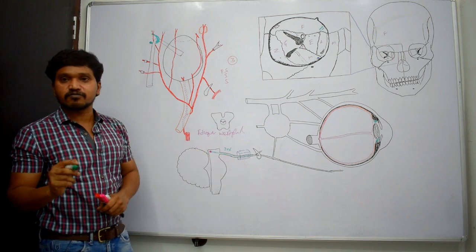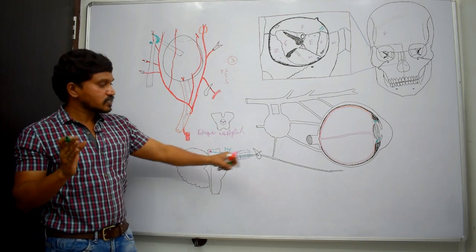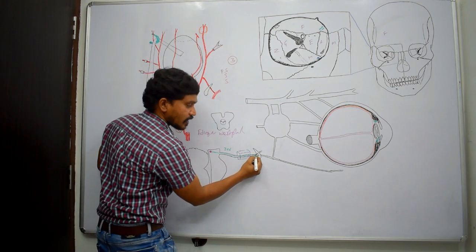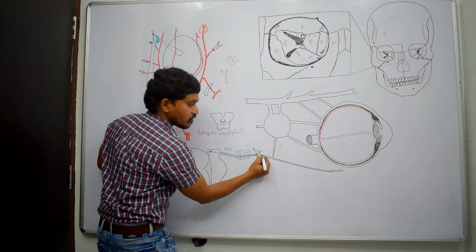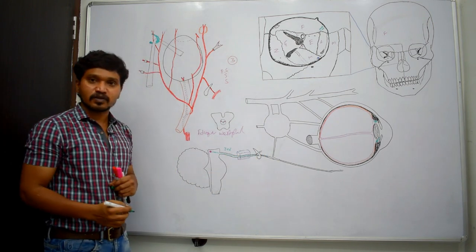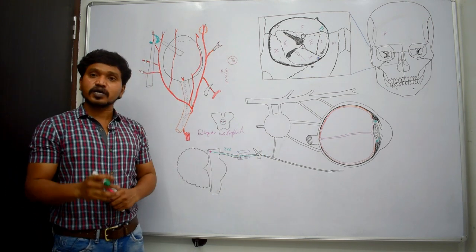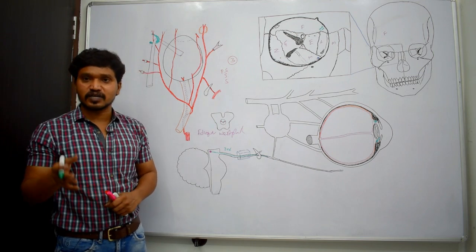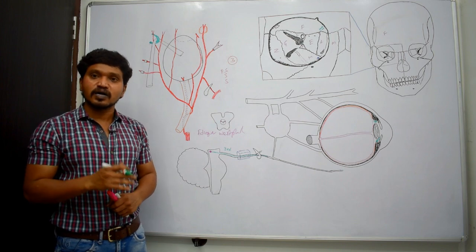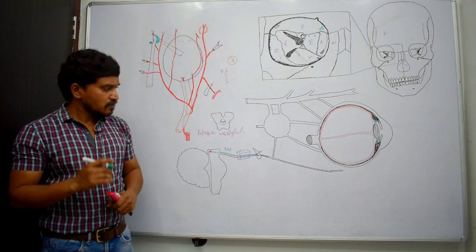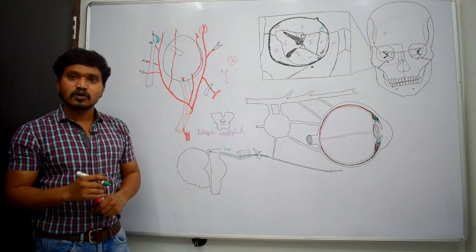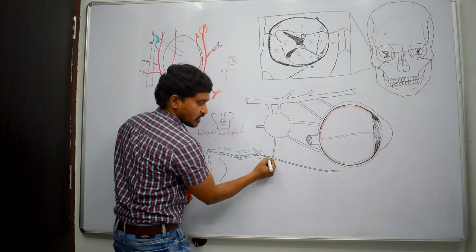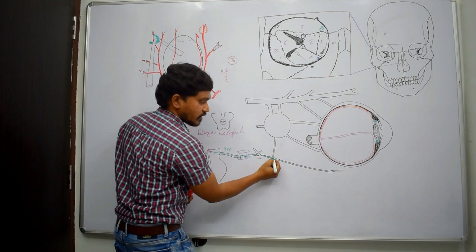Now these fibers decide which division to pass through, and they pass through the lower division of the oculomotor nerve. This lower division gives different branches: nerve to the inferior oblique, nerve to the inferior rectus and nerve to the medial rectus. But these fibers pass through the nerve to the inferior oblique. Imagine this is the nerve to the inferior oblique, right?